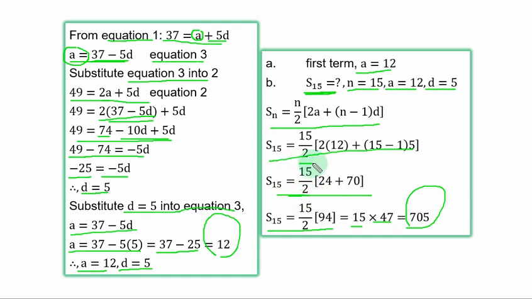So we maintain 15 over 2 all through until we get to a point where we can remove these 2. You have 705 as the sum of the first 15 terms of an AP with first term 12 and common difference 5.